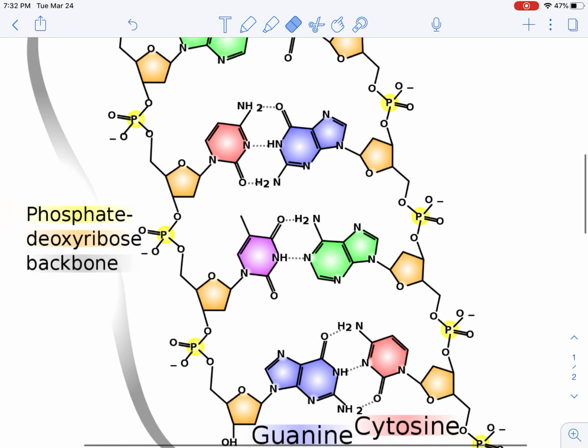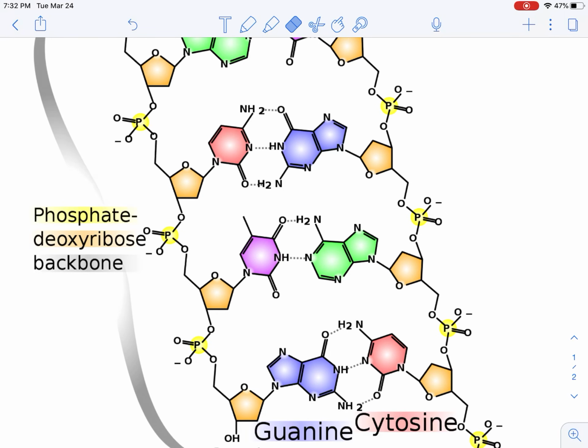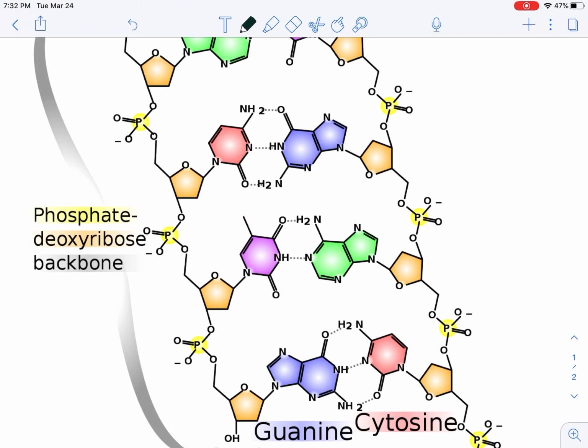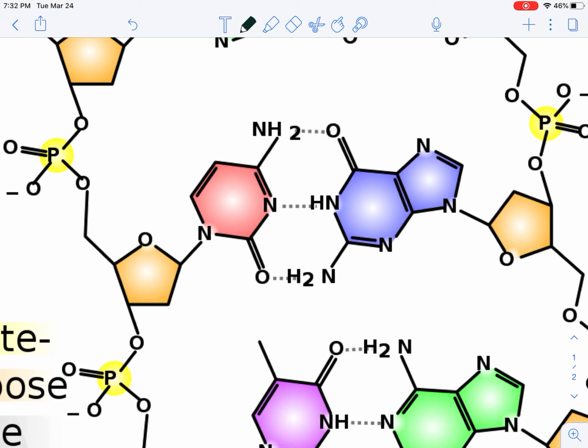One last thing to note before I let you go and try the assignment on Google Classroom is that the way that the strand on the left and the right are attached is through these weak hydrogen bonds.